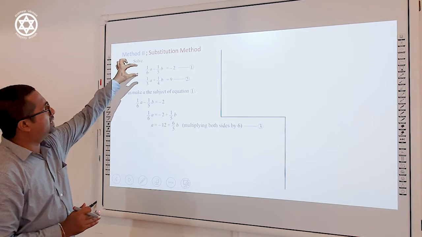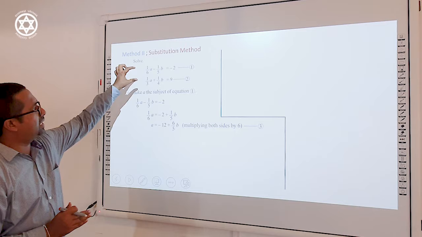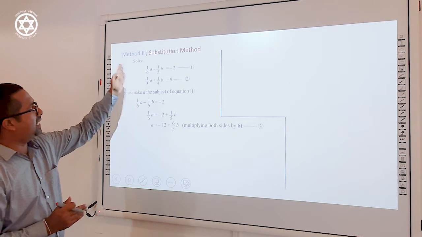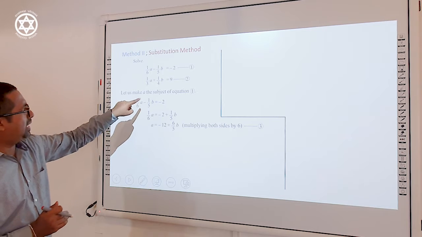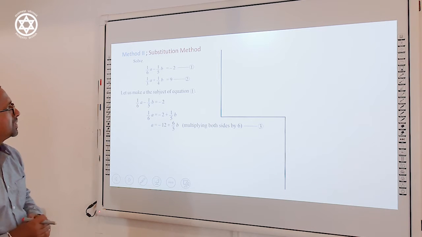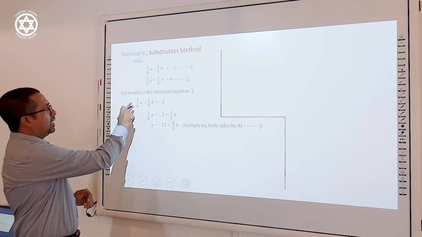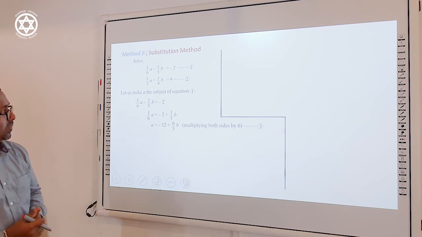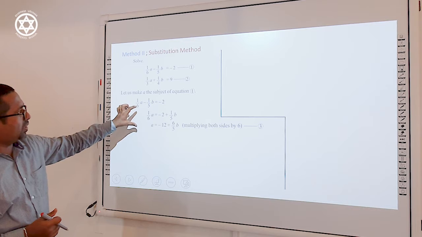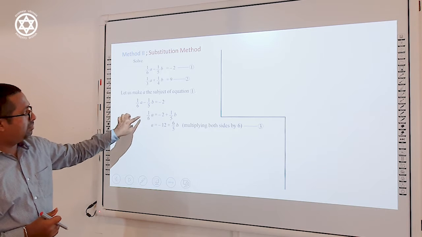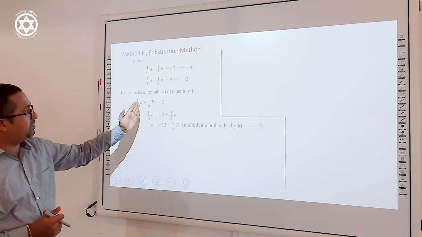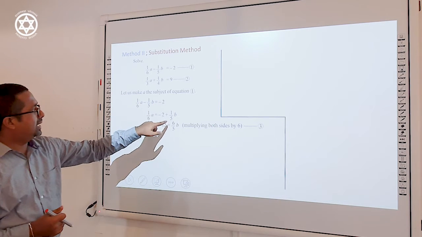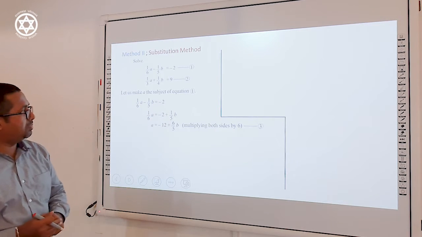First you select an equation and make a term of it the subject. Here we make a the subject in equation 1. 1 over 6a minus 1 over 5b is equals minus 2 is the equation given. To make a the subject, we move 1 over 5b from the left to the right, so it converts to plus 1 over 5b.